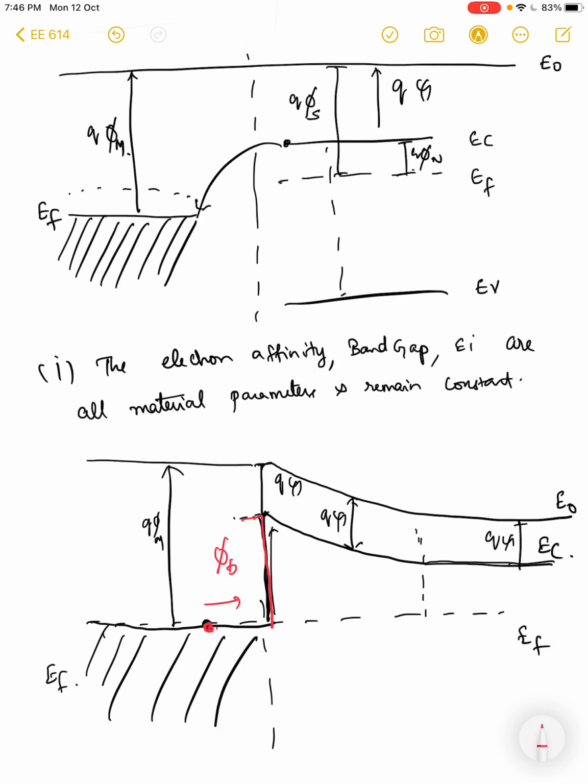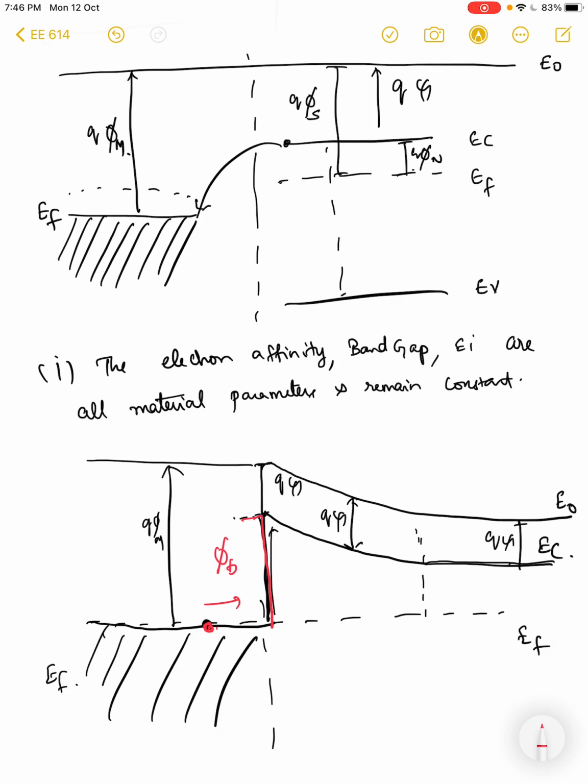Now we have to find what happens at x is equal to 0, what is the field at x is equal to 0, right? And we have taken the depletion width to be d, so what is the positive charge density per centimeter square? So basically the charge neutrality will give you that your rho at x lesser than 0 should be equal to rho at x greater than 0, which will turn out to be q nd wd, right?